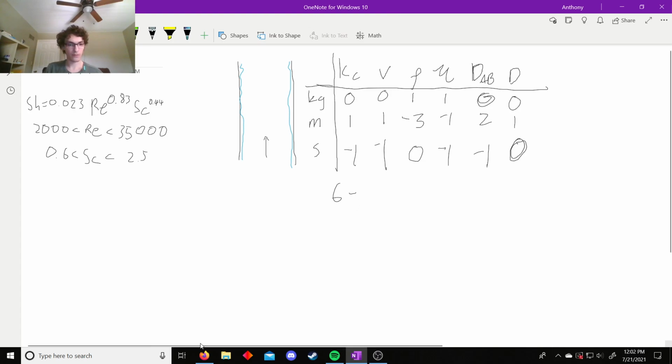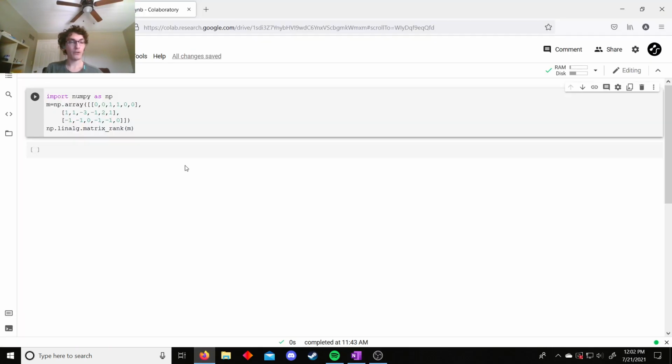I already wrote it out in Python, so what I did here is I put this matrix right into Python. This is the same one that we just made. And then we have a line here that will tell Python to find the rank of this matrix.